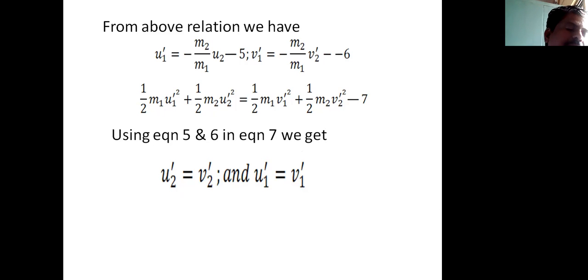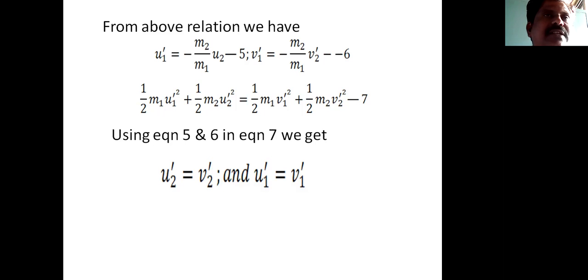Hence, in elastic collisions in the center of mass frame of reference, the magnitude of the velocities of the particles does not change.